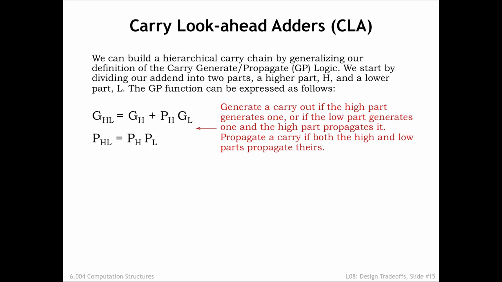We'll generate a carry out from the block when a carry out is generated by the H module, or when a carry out is generated by the L module and propagated by the H module. And we'll propagate the carry in through the block only if the L module propagates its carry in to the intermediate carry out, and H propagates that to the final carry out. So we have two simple equations requiring only a couple of logic gates to implement.